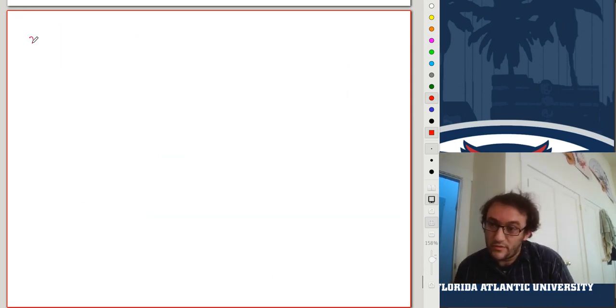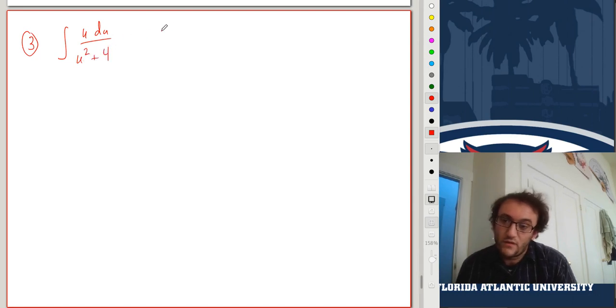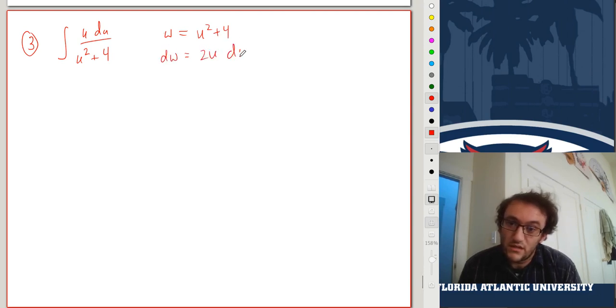So here we are with number 3. Integral of u du divided by u squared plus 4. Well, we want to use the denominator for a w substitution. So we have w equals u squared plus 4, dw equals 2u du. I'm going to write this differently so I can just sub out the u du.